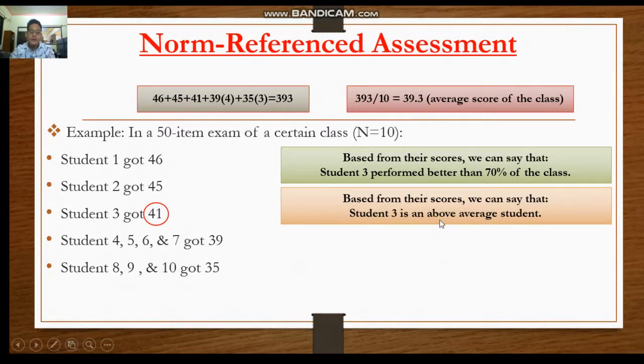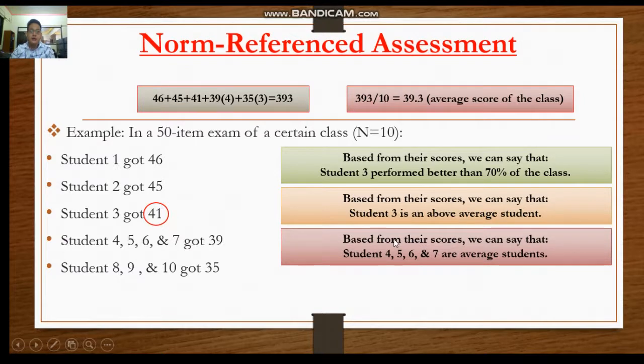Okay? So we can also make the judgment that students 4, 5, 6, and 7 are average students. Why? It's because they only got 39, which is the average score of the class. So they are average students in terms of their scores in this particular exam. Okay?